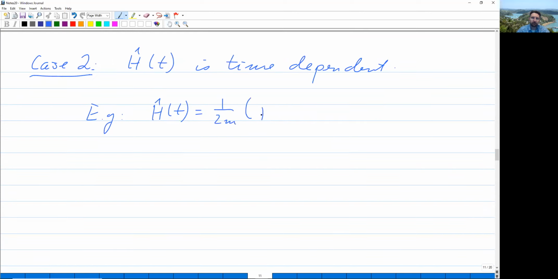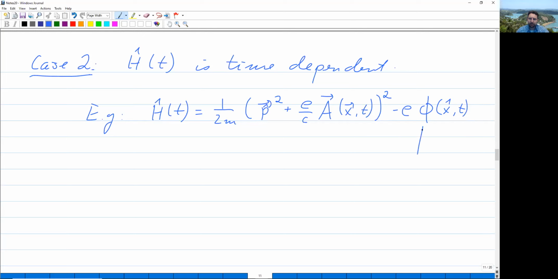H equals 1 over 2m, and then we have here p vector hat squared plus e over c, e being the electric charge, c being the speed of light, and then A vector of x and t, the whole thing squared, minus e phi of x hat and t.